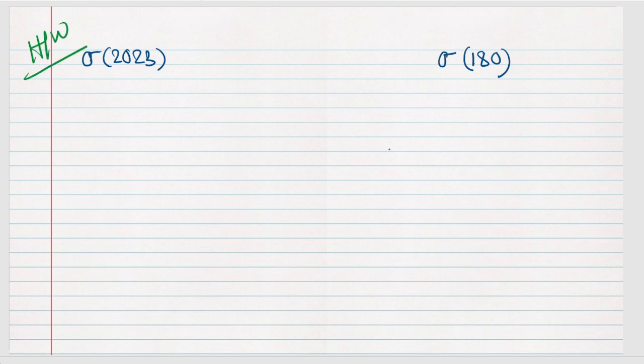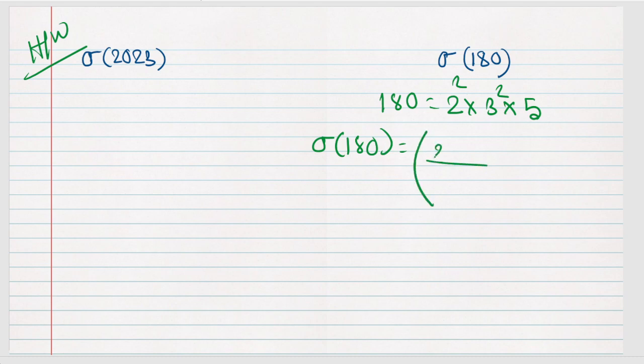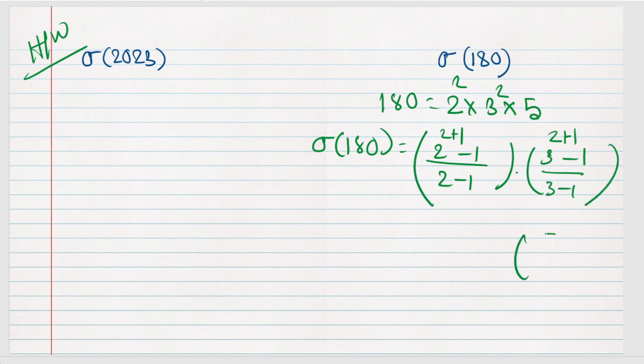And if we try 180, 180 equals 2 square into 3 square into 5, so sigma of 180 equals (2^(2+1) - 1)/(2 - 1) times (3^(2+1) - 1)/(3 - 1) times (5^(1+1) - 1)/(5 - 1).